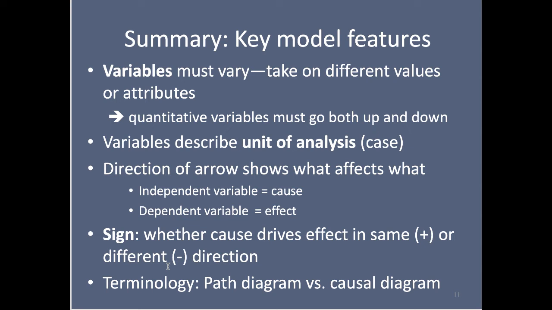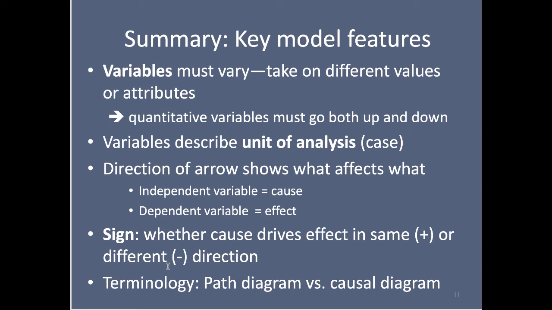So finally, what is the difference between a path diagram and a causal diagram? In early editions, we used the term path diagram. And that's the traditional term for the kinds of things we're talking about in this chapter. Theories of mechanisms, which we're about to get into, and so on.